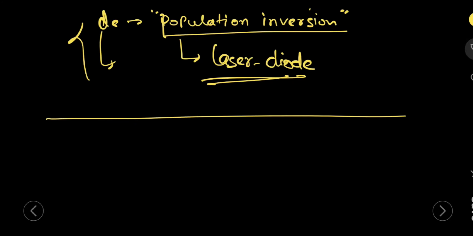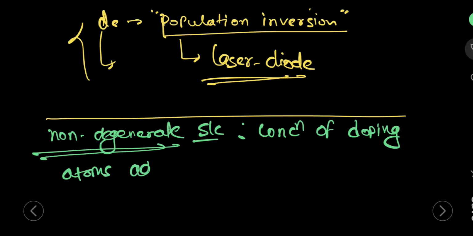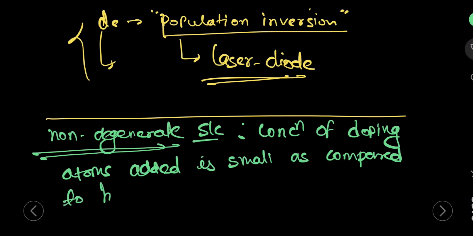We talk about non-degenerate semiconductors. Non-degenerate semiconductor means the concentration of doping atoms added is small as compared to the host atoms.